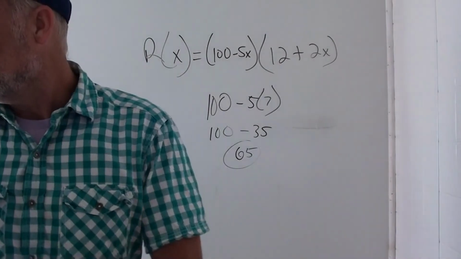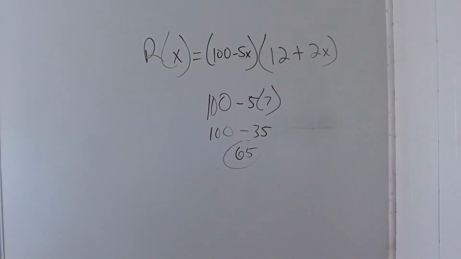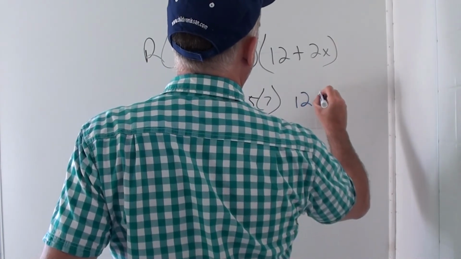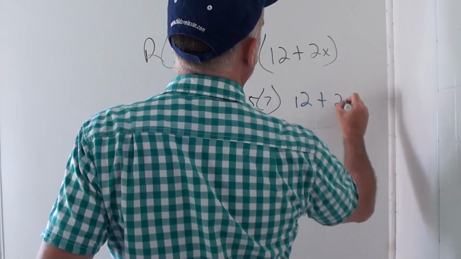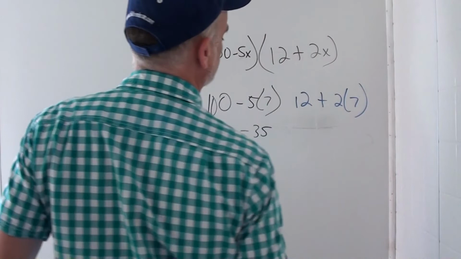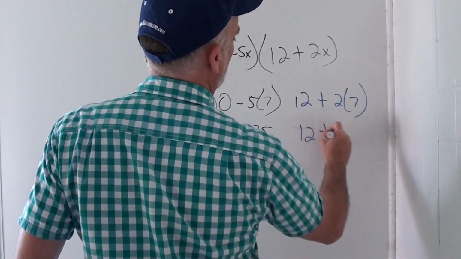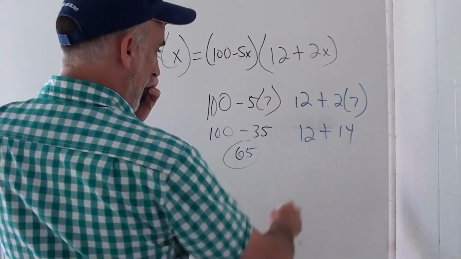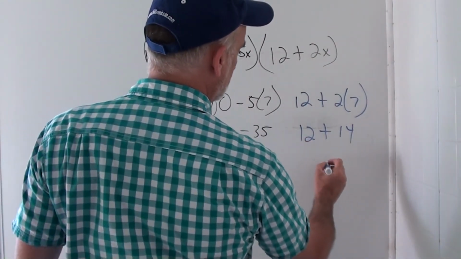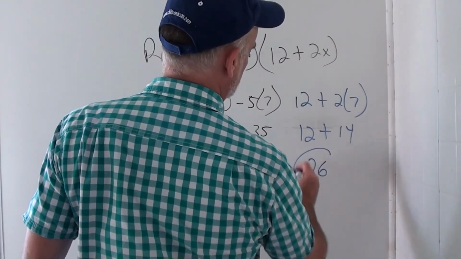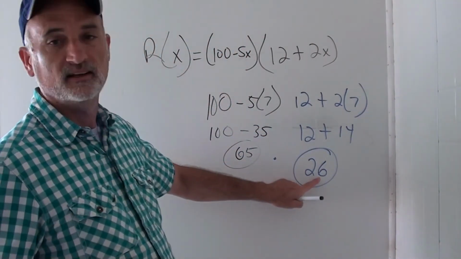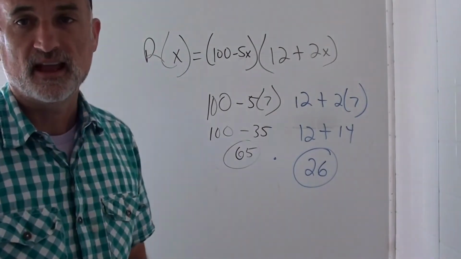Okay? Now let's do this one. 12 plus 2 times 7 would be 12 plus 7 times 2 is 14. Okay? 12 plus 14 is 26. We would multiply 65 times 26 to get the answer.